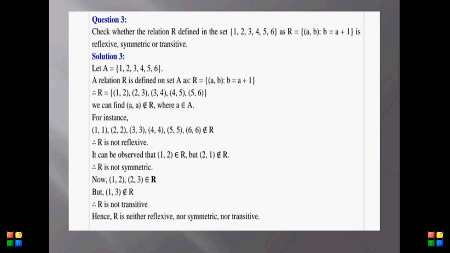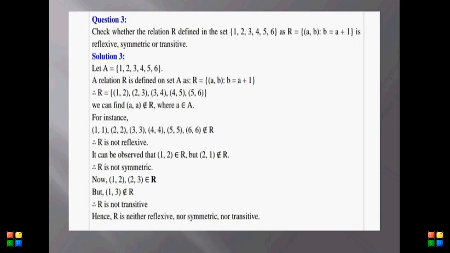So R is not reflexive. It can be observed that (1, 2) belongs to R but (2, 1) does not belong to R, so R is not symmetric. Now (1, 2) and (2, 3) belong to R but (1, 3) does not belong to R, so R is not transitive. Hence R is neither reflexive nor symmetric nor transitive.